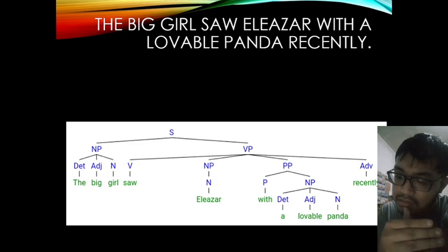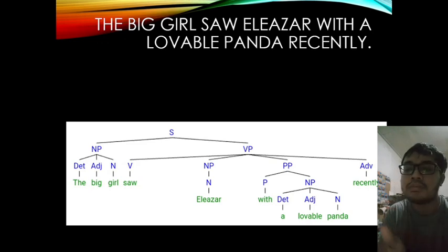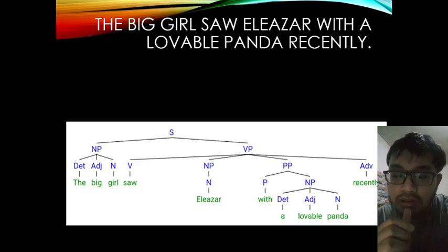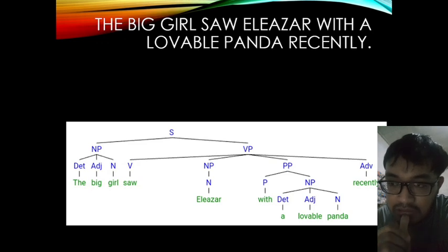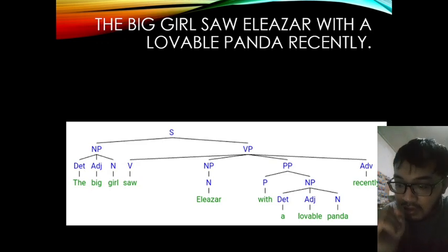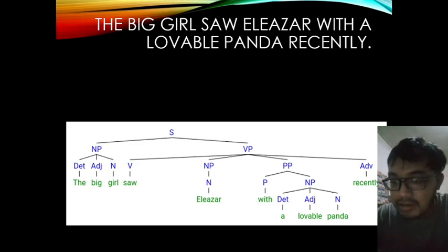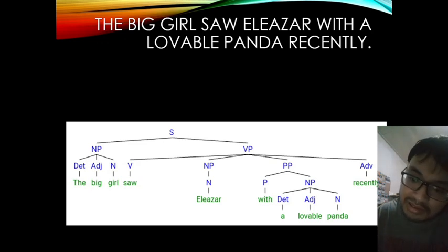Following that is a prepositional phrase, with a lovable panda as a noun phrase, and lovable is an adjective modifying panda.